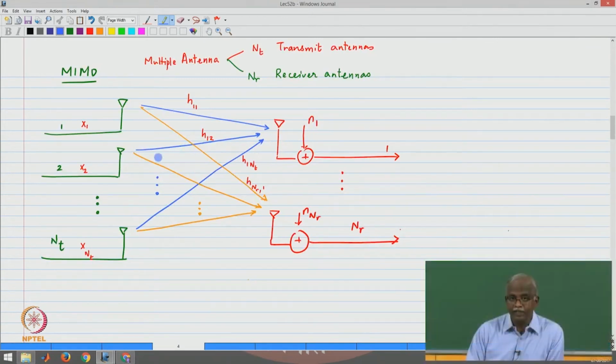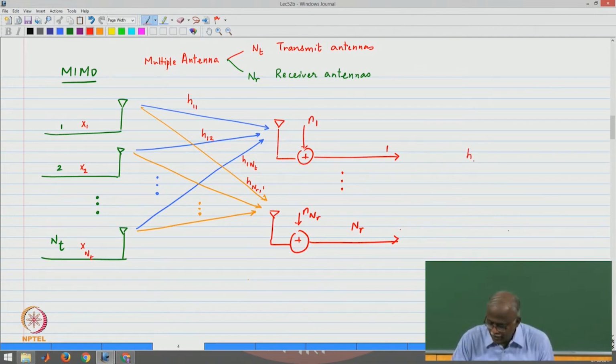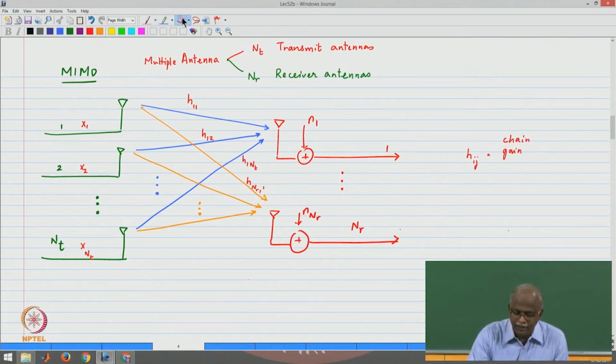Likewise, you have the different transmission gains Hij. The notation would be, Hij is the channel gain from the jth transmitter to the ith receiver.